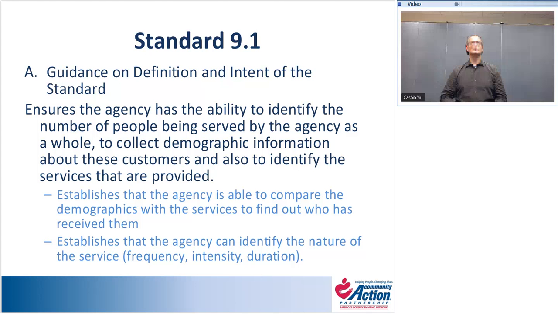Part of what we're looking at moving forward is to be able to compare the demographics with the services to find out who has received what service, and then to really know how much service was being given. What's the percent of the total number of families that received a single service?